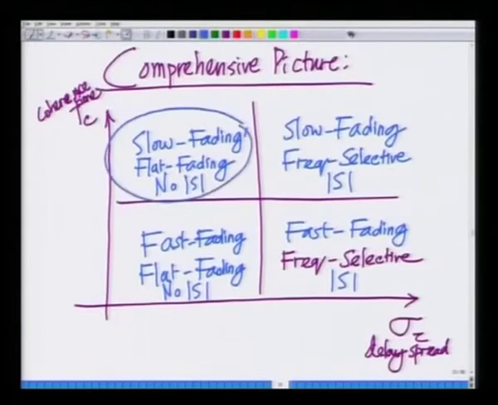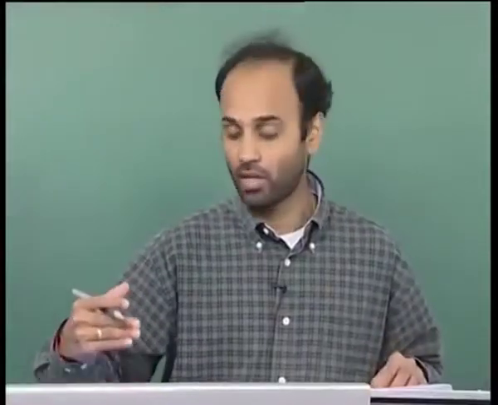Here the delay spread is low, but the coherence time is high, which means no intersymbol interference, the channel is flat, and it is slow fading because the coherence time is high. This picture gives you a comprehensive idea of different aspects of the wireless channel, and this clarity of understanding is extremely important to understand different aspects of 3G, 4G wireless communication systems.